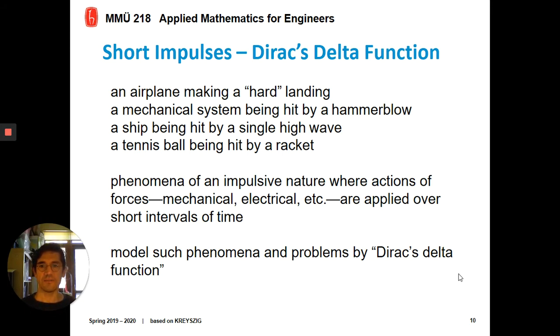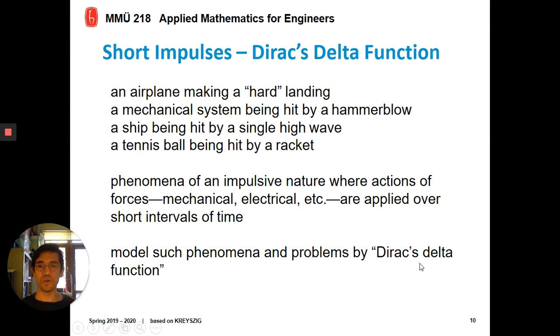So phenomena of impulsive nature are applied over very short intervals of time, and in that interval you don't know how much the impact's real energy is, but you can model this to a point that you would understand how much momentum is being transferred to your system at that point.